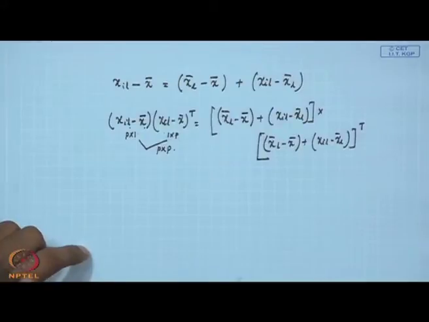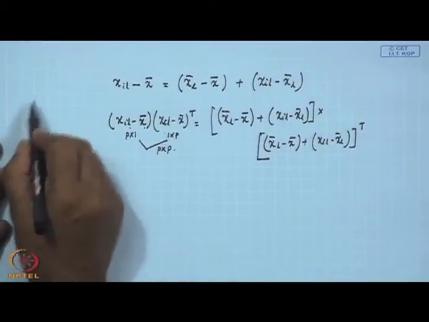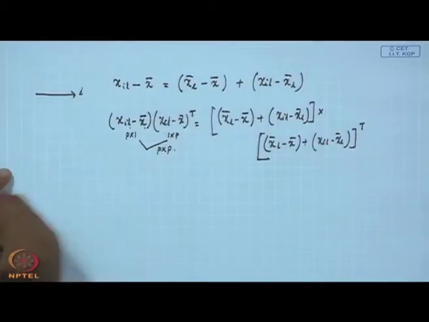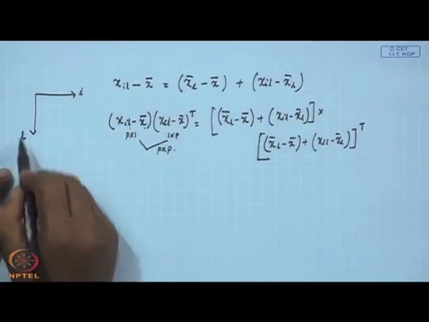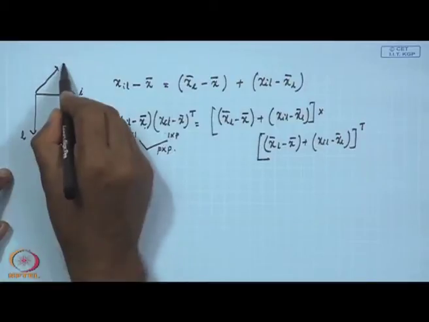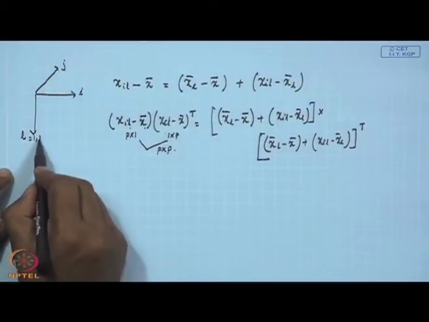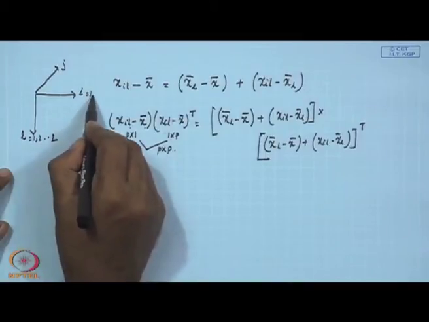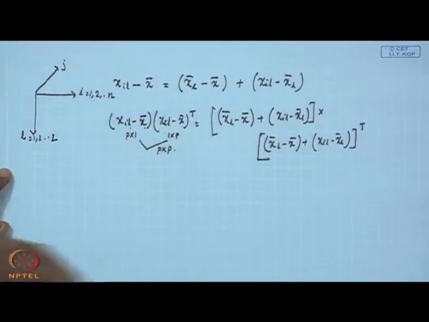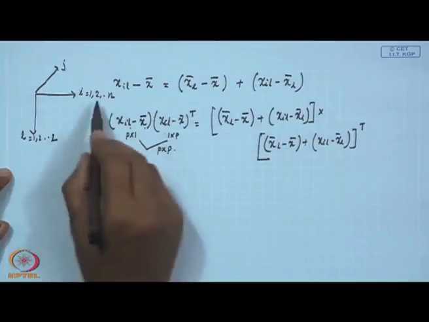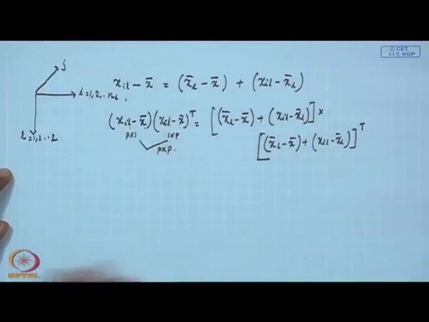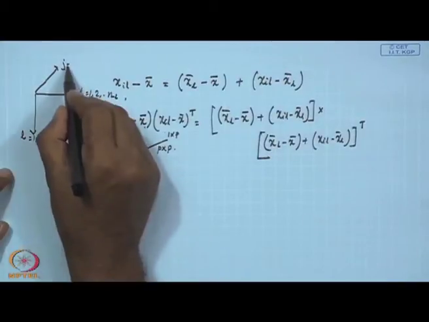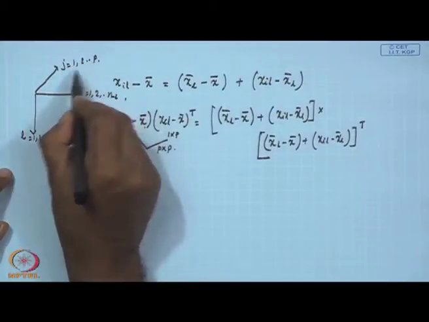Now, how many dimensions have you considered? One is i, another one is l and the other one is j. l equal to 1 to capital L, i equal to 1 to n_l, unequal sample size we will consider here, and j equal to 1 to p.